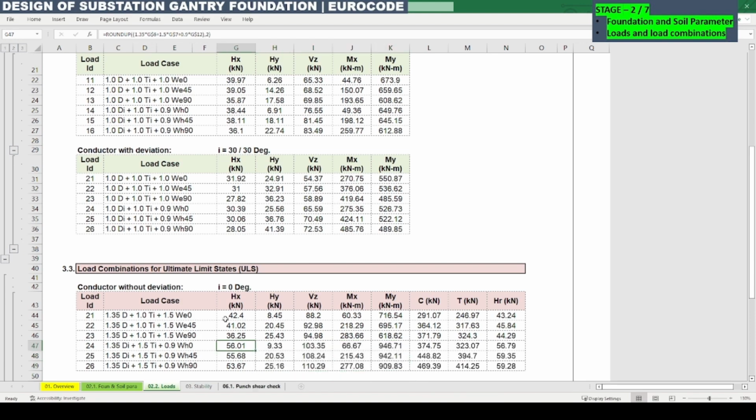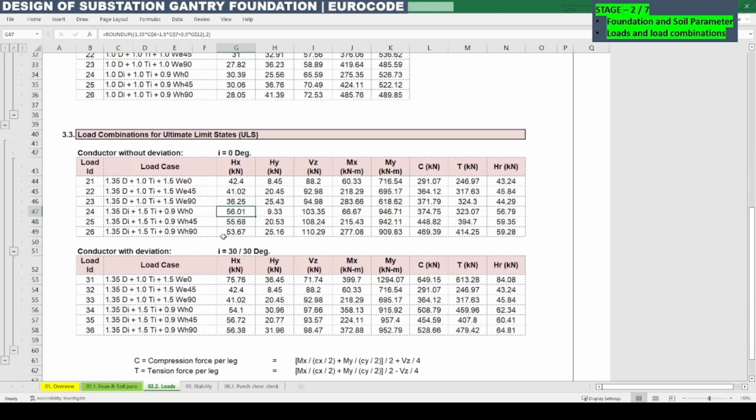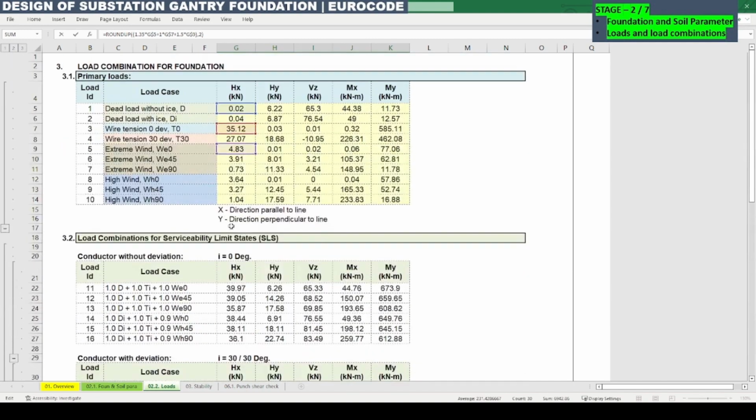Now these are the conductor deviation cases. Now we can copy paste this into here, and the only change here is the conductor deviation of 30 degree we need to consider. Similarly for this case also 30 degree.